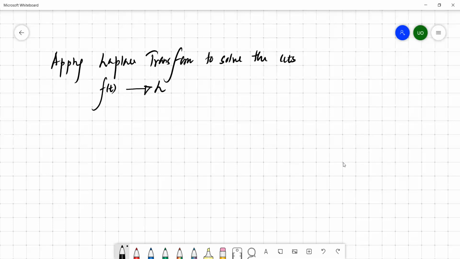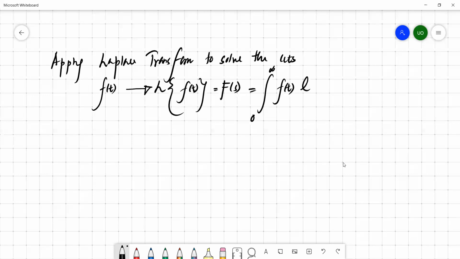The Laplace transform of this f(t) is denoted by capital F with the argument s, which equals the integral from 0 to infinity of f(t) e to the power minus st dt. I believe you cover this Laplace transform in mathematics.